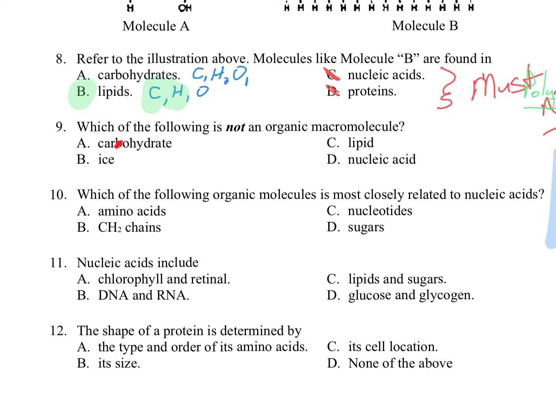Yeah, because you have carbon to carbon bonds. Here, lipids, carbon to carbon bonds. Nucleic acids, carbon to carbon bonds. What about ice? What's ice? Water, which is H2O. There's no carbon. So no carbon means it's not organic. So that's the answer to that one. Does that make sense? Yeah.